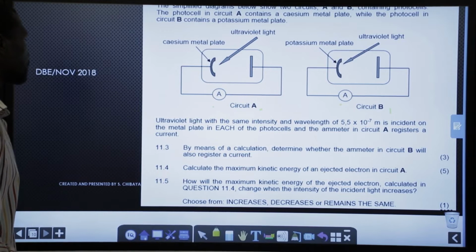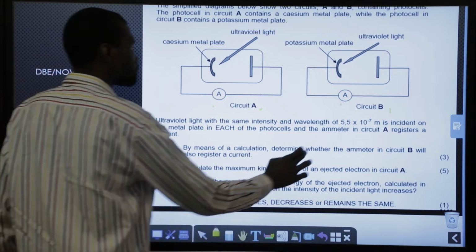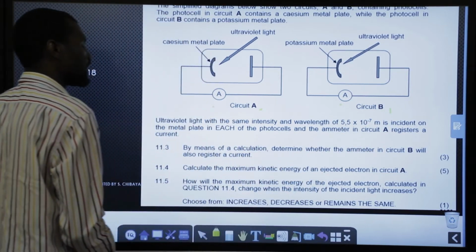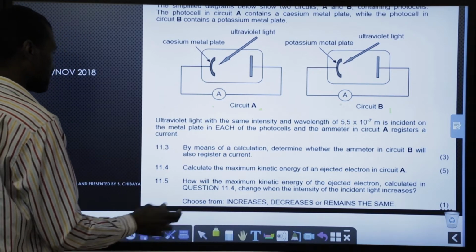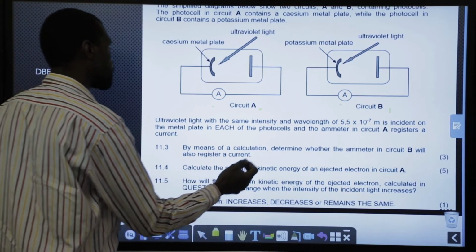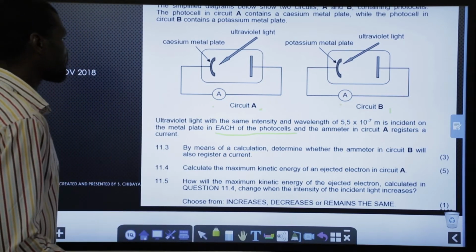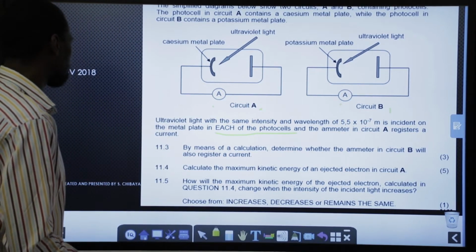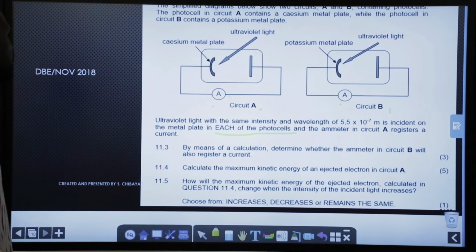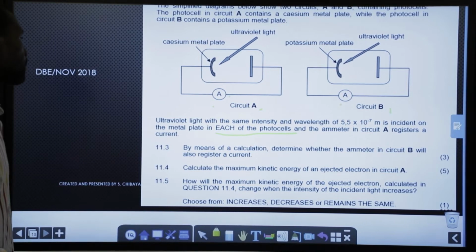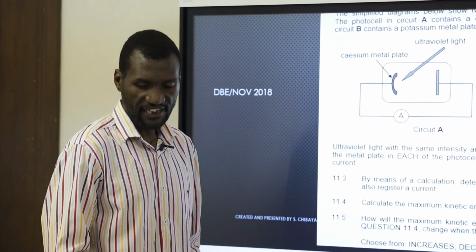Ultraviolet light with the same intensity and wavelength of 5,5 times 10 to the power negative 7 meters is incident on the metal plate in each of the photocells, and the ammeter in A registers a current. By means of calculation, determine whether the ammeter in B will also register a current.